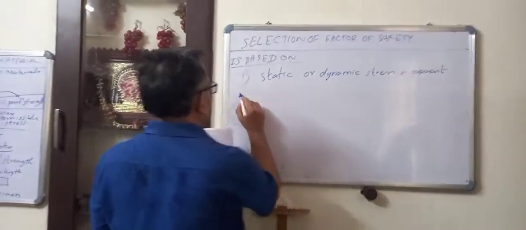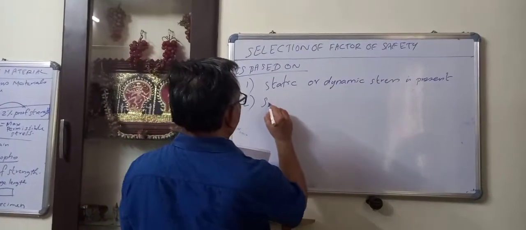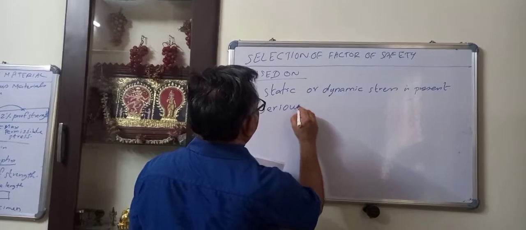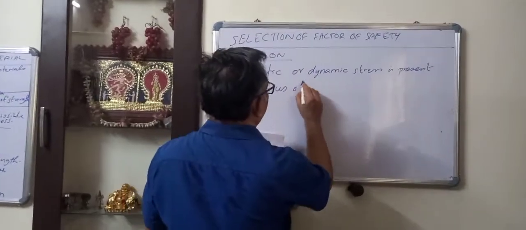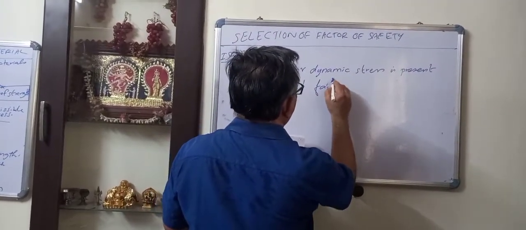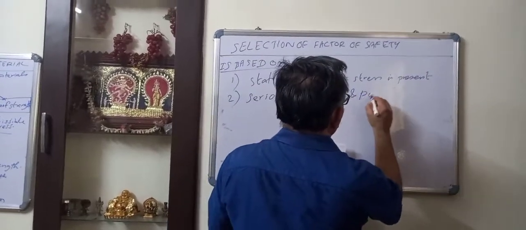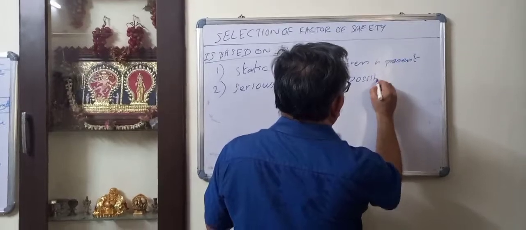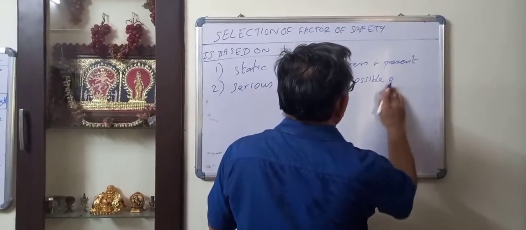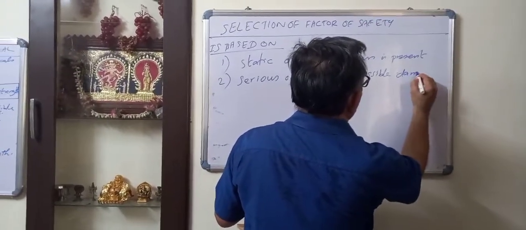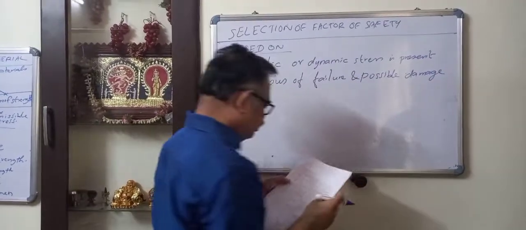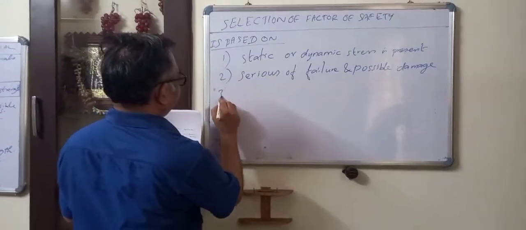Number 2, seriousness of failure. Factor of safety is defined and selected based on the seriousness of failure and possible damage in case it fails.